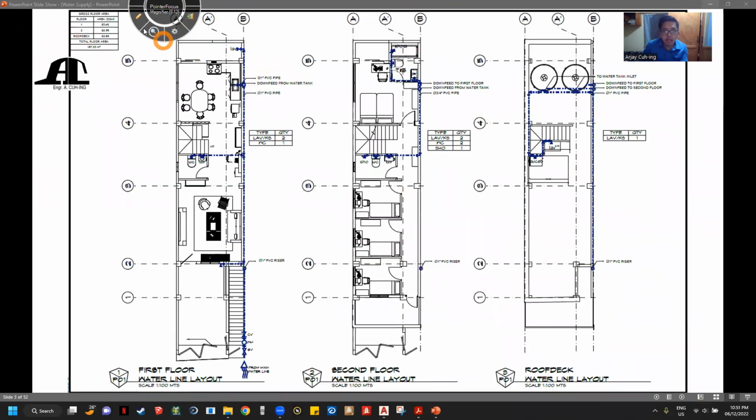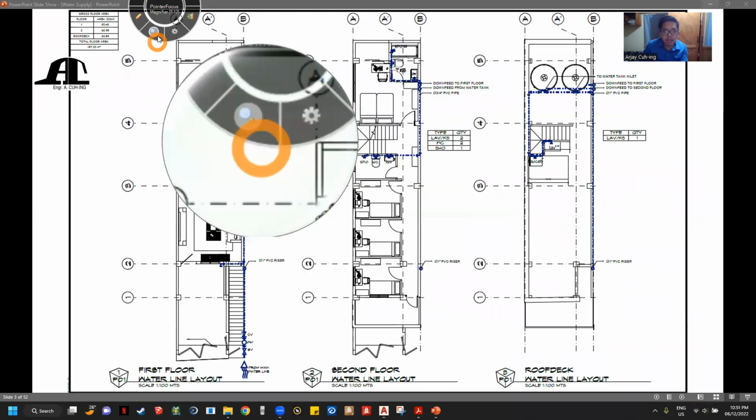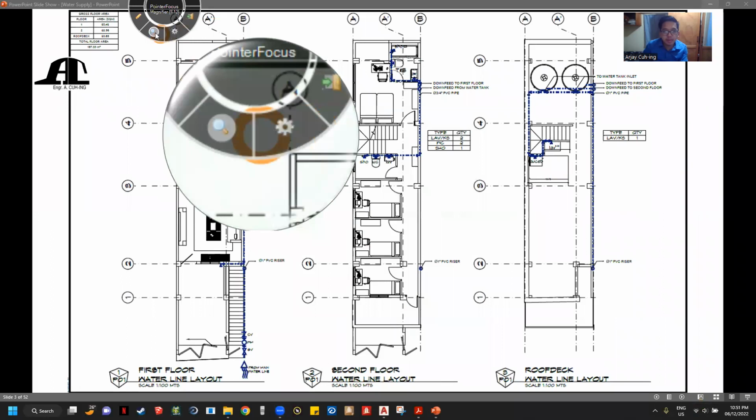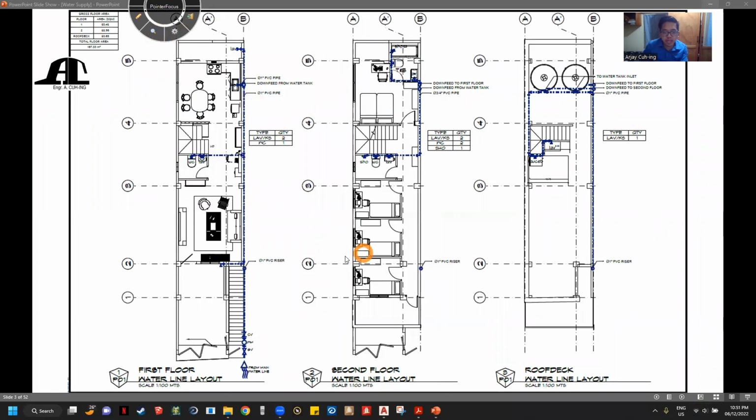Okay? Technically class, for water supply, the color blue lines are what we focus on. It is where we supply water coming from, whatever the source is. So it may be a water tank or the water supply of the water district itself.